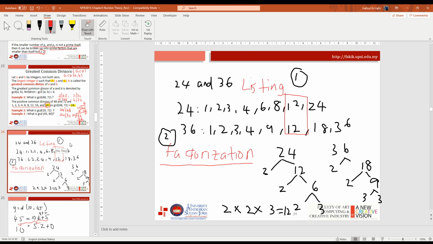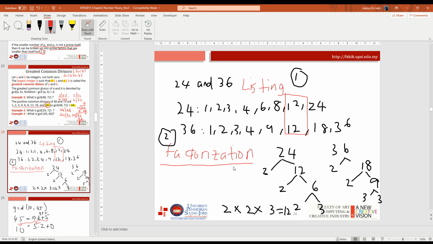Okay. This one is we have three types of GCD. How to calculate? First one, you list all the factorization: 1, 2, 3, 4, 6, 8, 12, 24 can be divided by 24. And then you create the common 12.